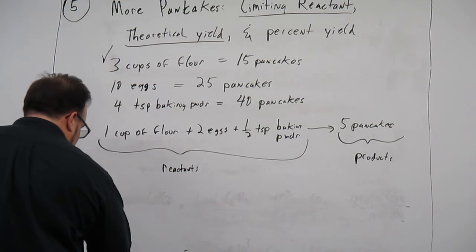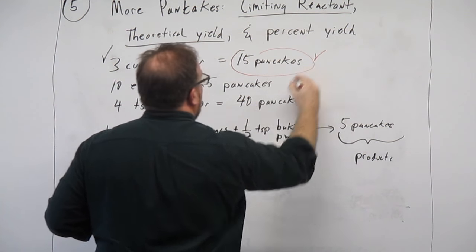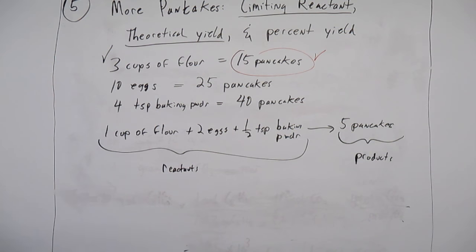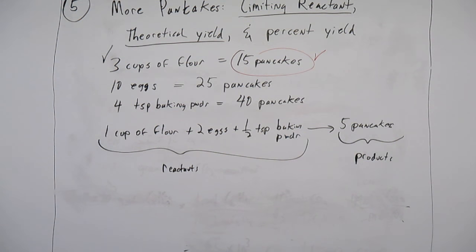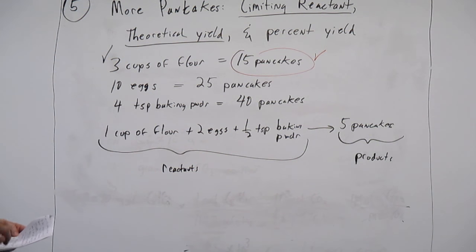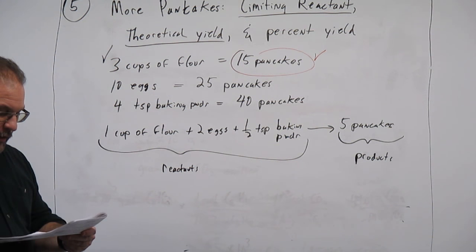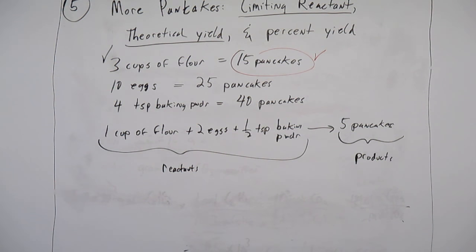There you go. This right here is my theoretical yield. You can even write this down. The theoretical yield is the amount of product made with the limiting reactant. That's all it is.